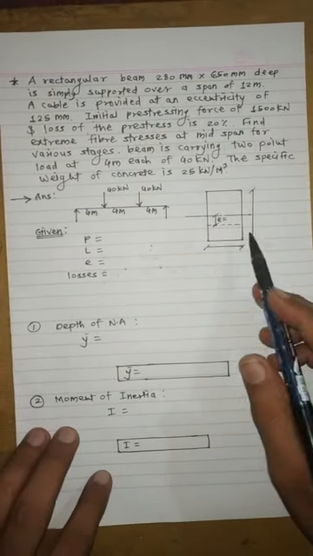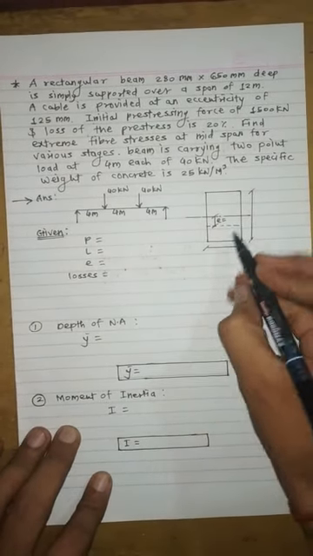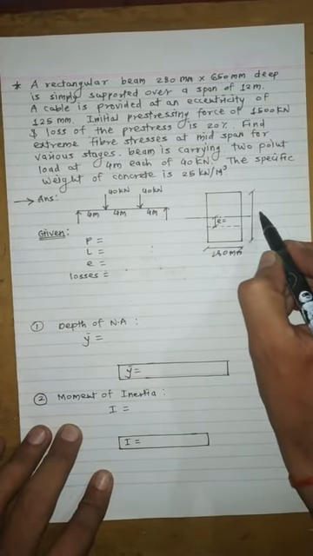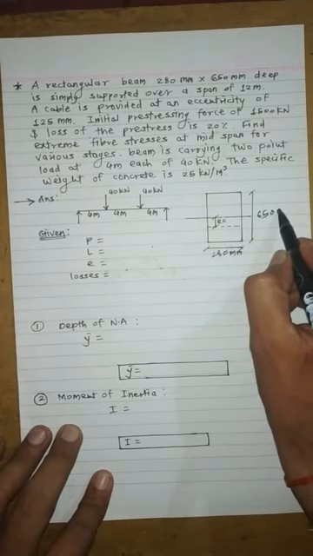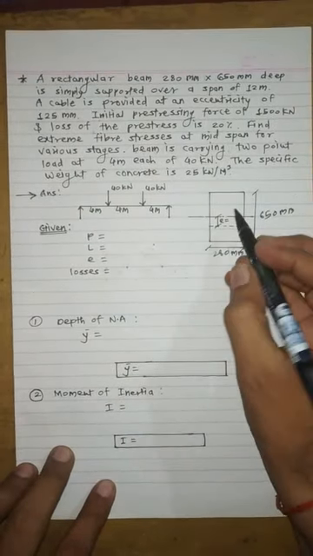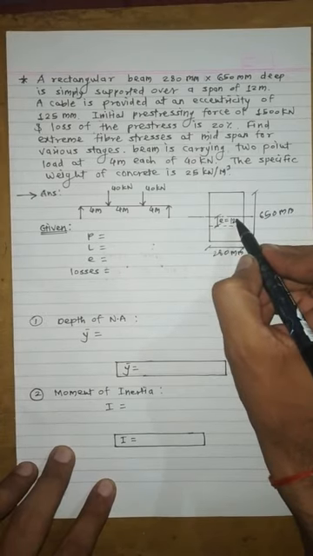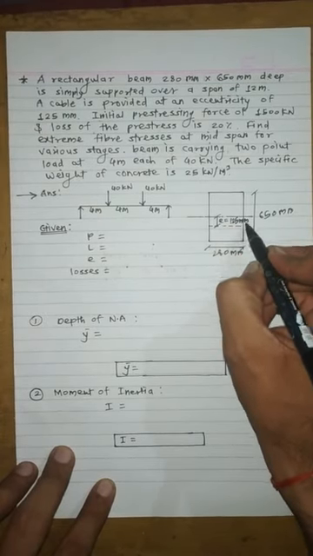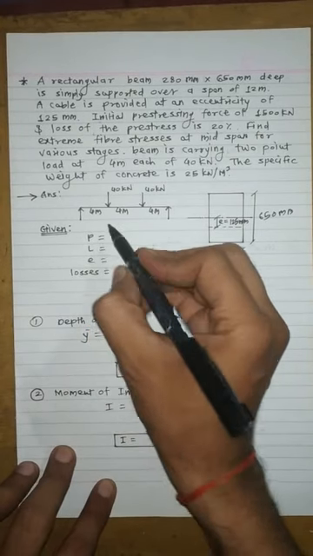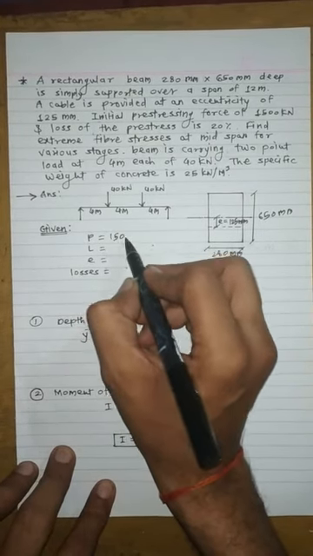So the width of beam is given, which is 280 mm, and depth of beam is 650 mm. Eccentricity is equal to 125 mm, which is given in the problem. Then P, that is pre-stressing force, is 1500 kilonewton.